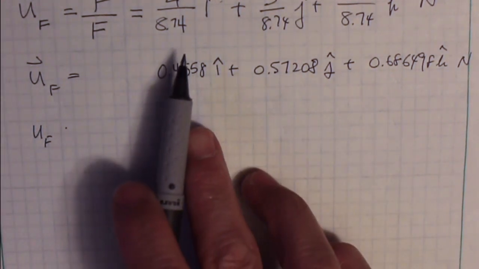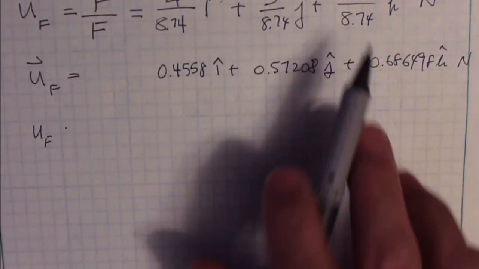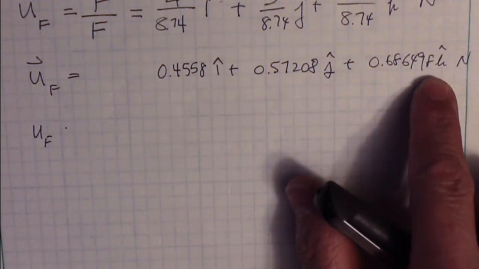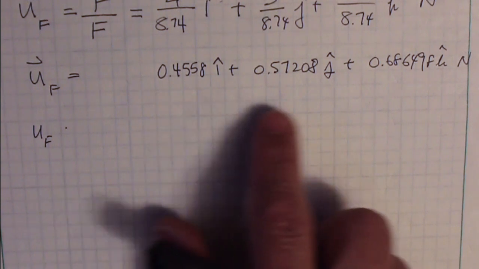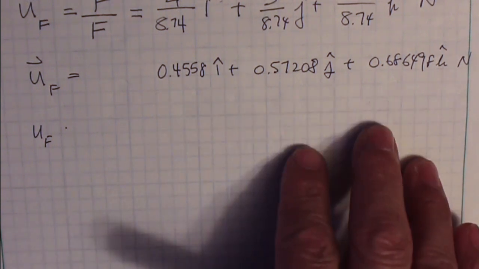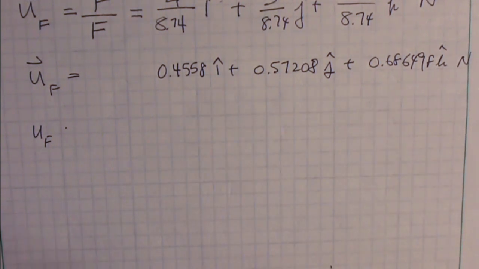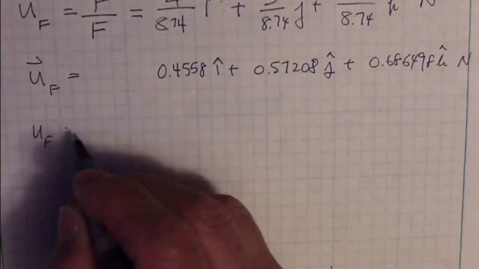If we compute each of these fractions, we get these values, and if it's truly a unit vector, I should be able to square each of these terms, sum them, and take the square root, and it should come out to be 1.0.